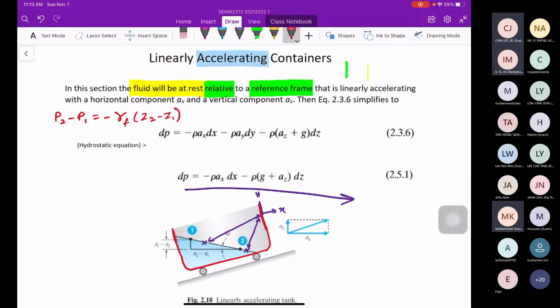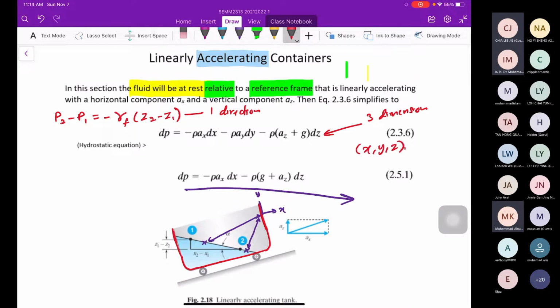Following the book, when you study chapter 2, the hydrostatic equation is basically derived in three components, X, Y, and Z direction. This one only refers to one direction. For this part, it refers to three dimensions, which is X, Y, and Z.